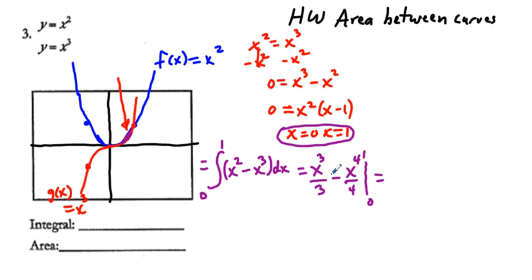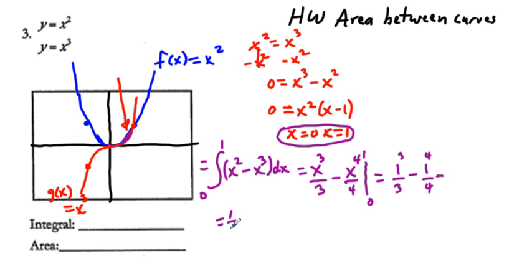And that's going to equal 1 to the third power over 3 minus 1 to the fourth power over 4. And then the next thing we do is we subtract out 0 to the power of 3 over 3 minus 0 to the power of 4 over 4, which is going to be 0, so we don't have to worry about that. This is all we have to deal with.